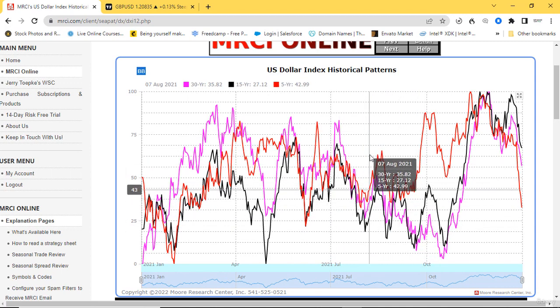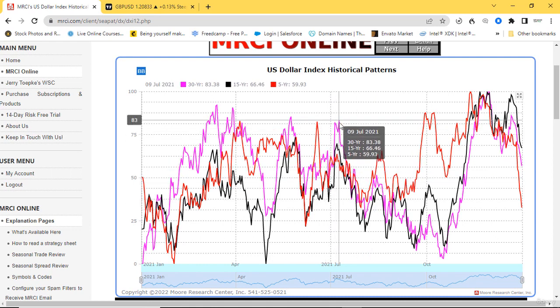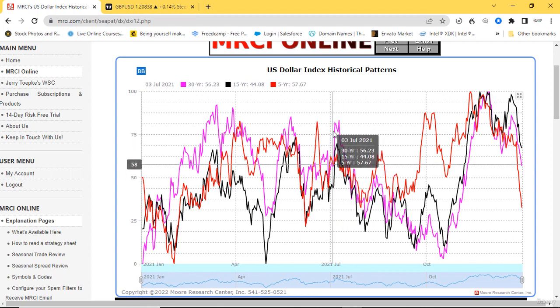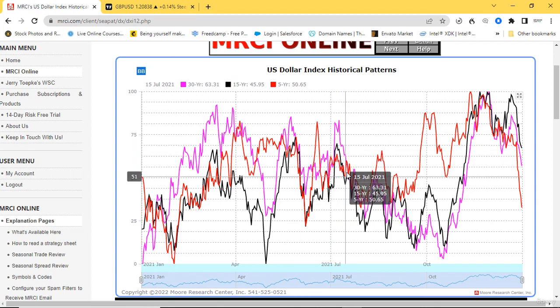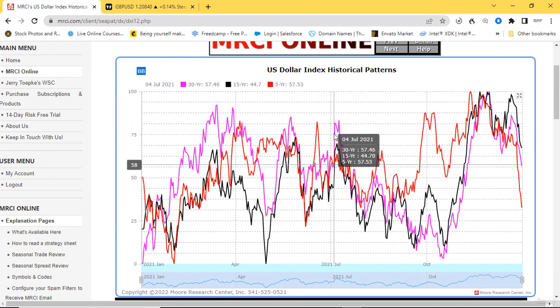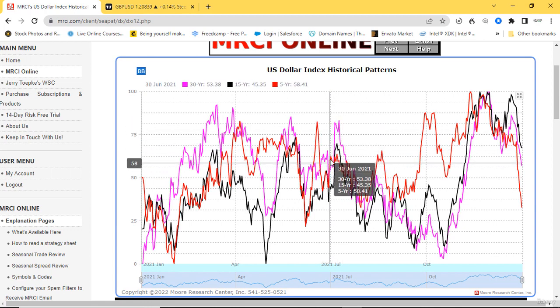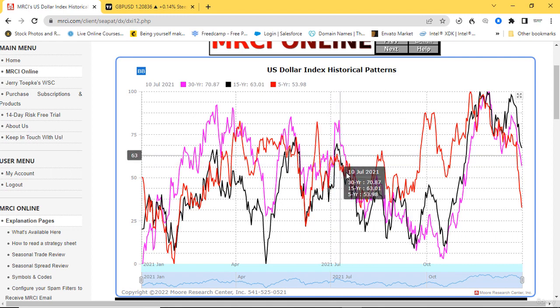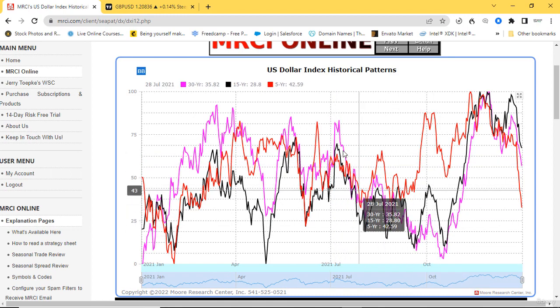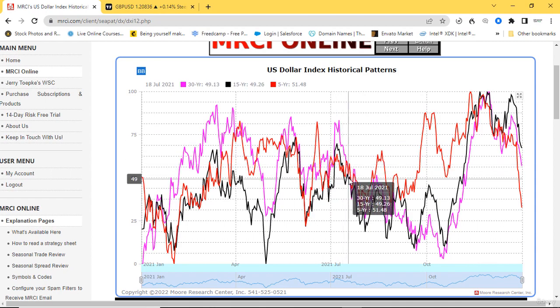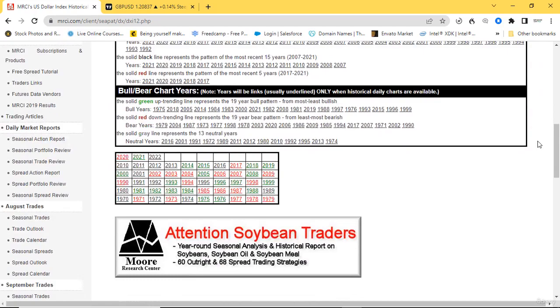Now, that doesn't mean that every year it's going to sell off. Right now the dollar has been flying. But when you look at the last 30 years, last 15 years, and last 5 years between July and October, what you're seeing mainly is sell models.